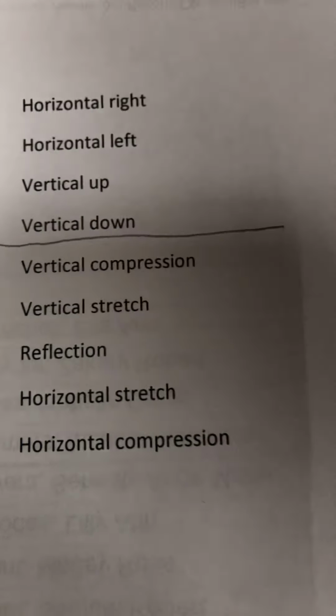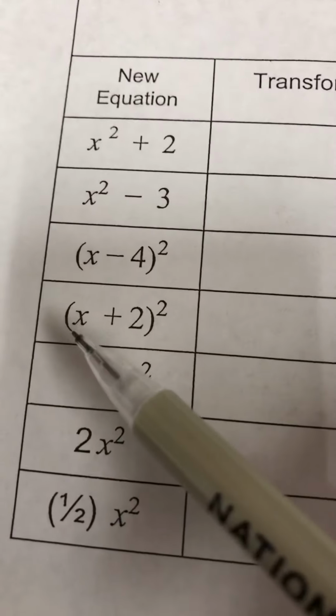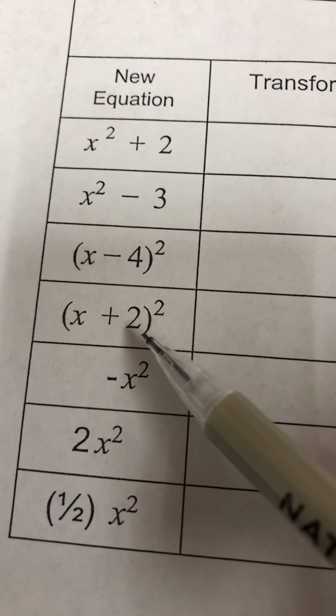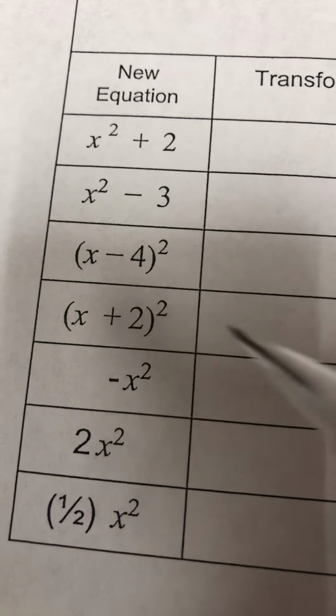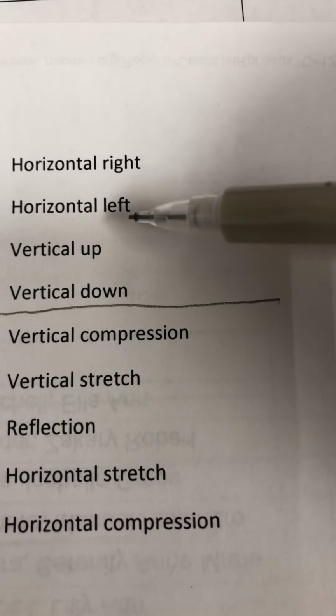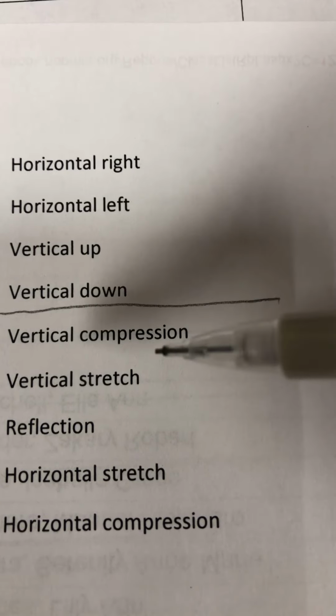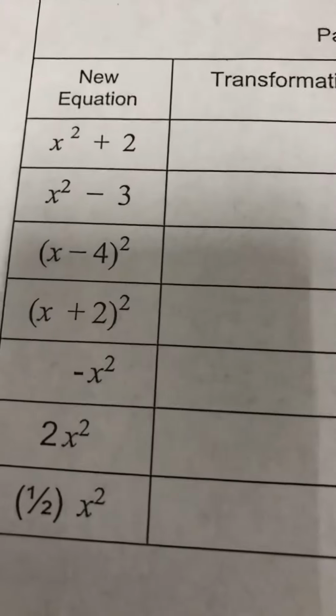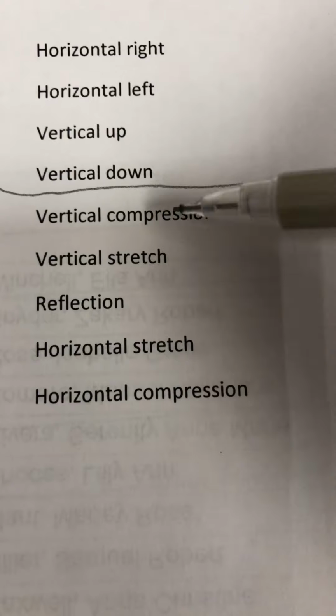And you pause this as needed. And then you have x plus 2, in parentheses, squared. And that's going to be one of these top ones too: horizontal right, horizontal left, vertical up, or vertical down. Okay, so the last three are one of these, okay?